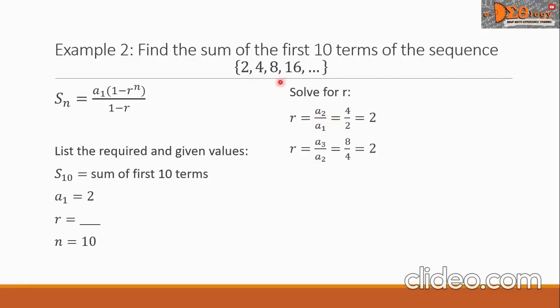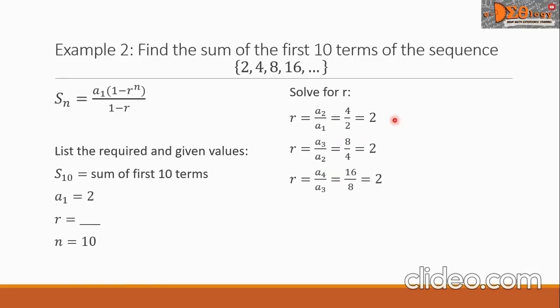The next pair is a sub 3 over a sub 2. And this is equal to 8 over 4. And 8 over 4 is also 2. And the last pair is a sub 4 over a sub 3, which is equal to 16 over 8, which is also simplified into 2.